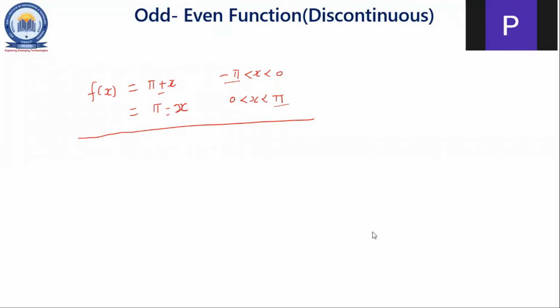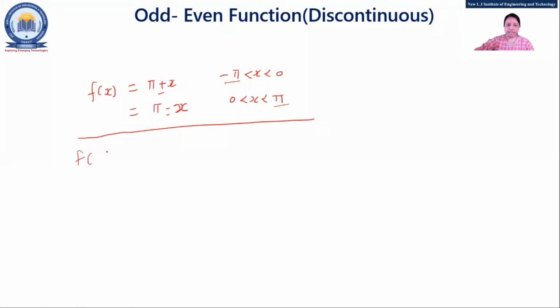Ma'am, f(x) is equal to pi minus x and f(-x) is equal to pi plus x. Suppose I want to put minus x instead of x into the first equation, because we are going to check in that way.